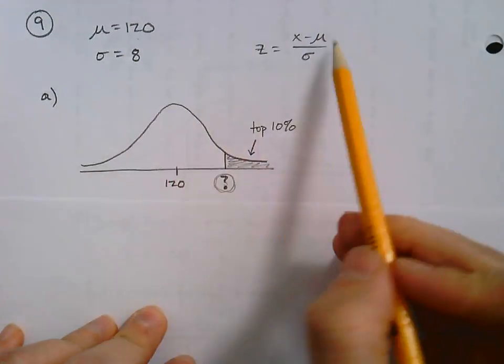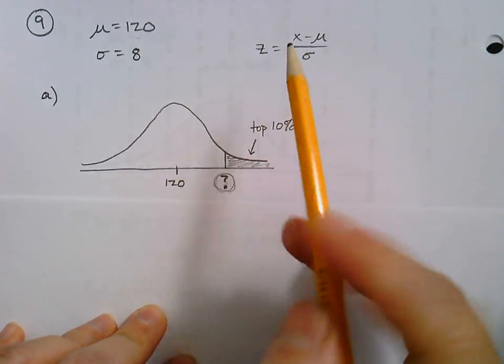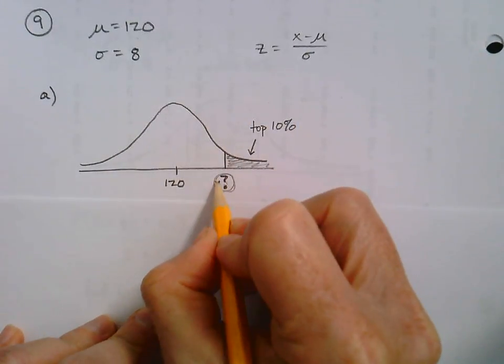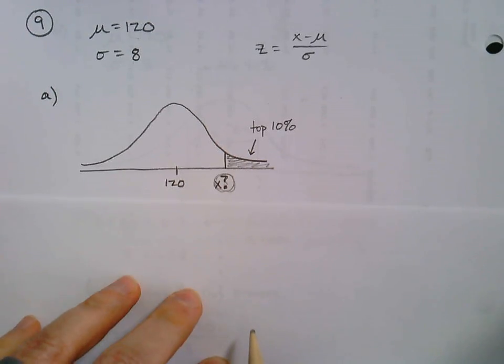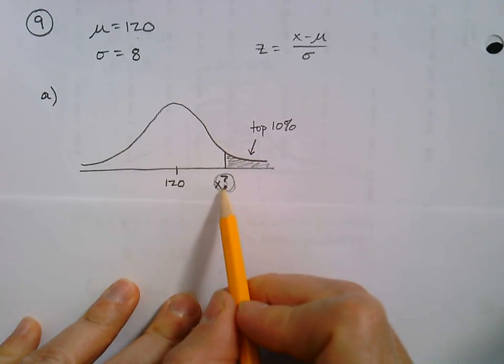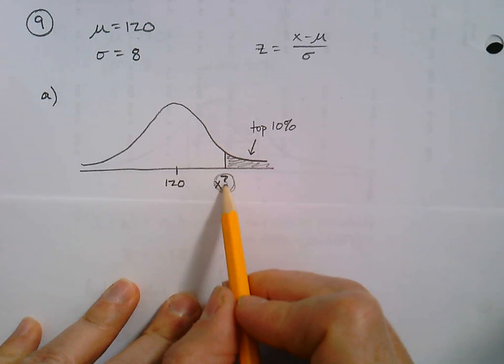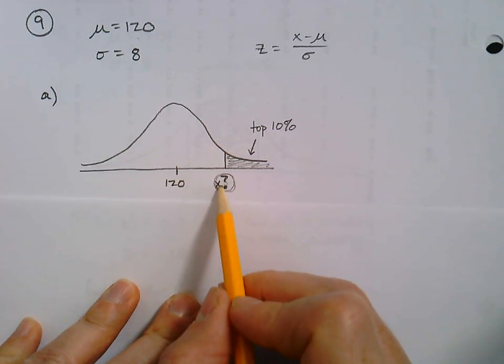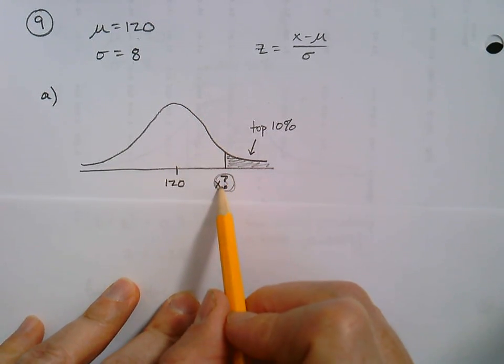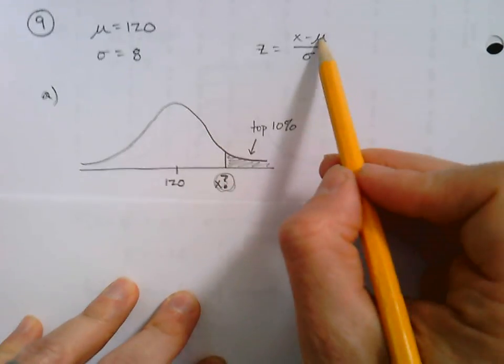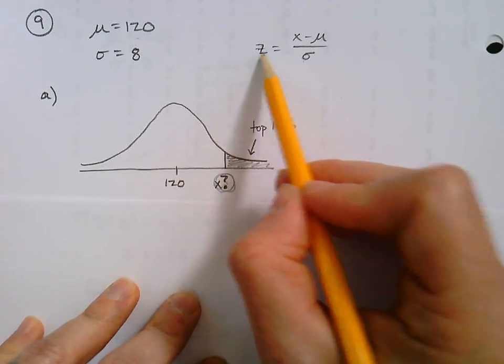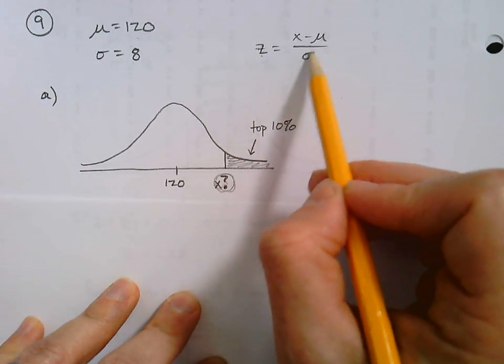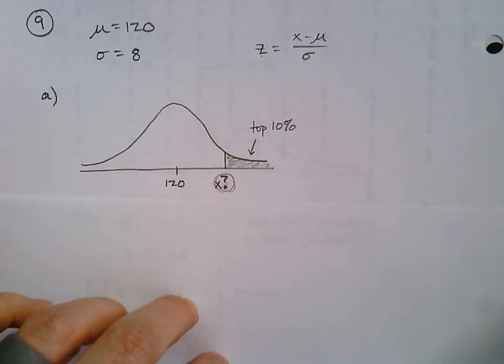We know these numbers already. In the end, the answer is going to be X. What blood pressure? Is it 130? Is it 140? Whatever it is, the value in question is an X. So if we can find out what Z is, then we've got 3 out of the 4 variables, and we can solve for X.